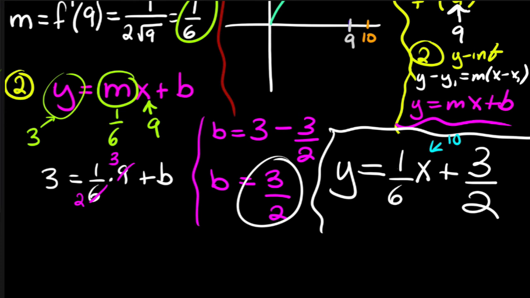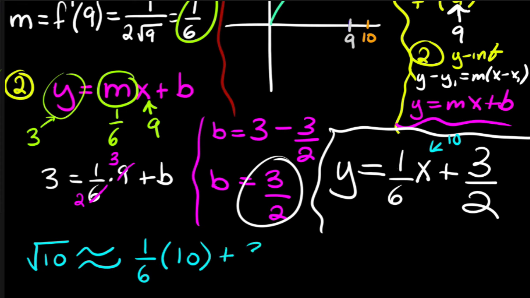So what we're saying is that the square root of 10 is approximately 1/6 times 10 plus 3/2. If I reduce these, this breaks down into 3 and 5.